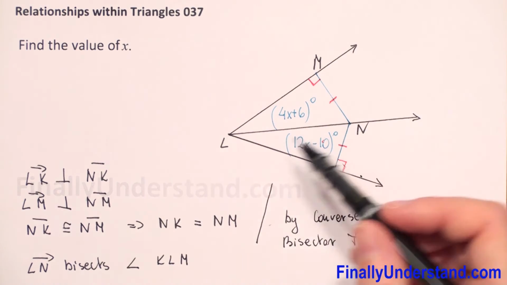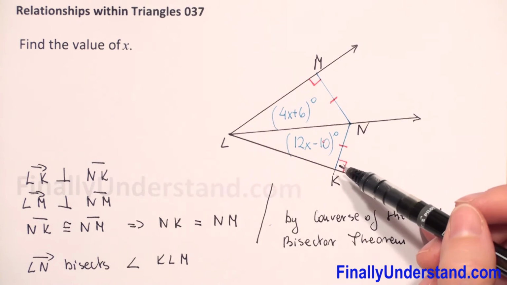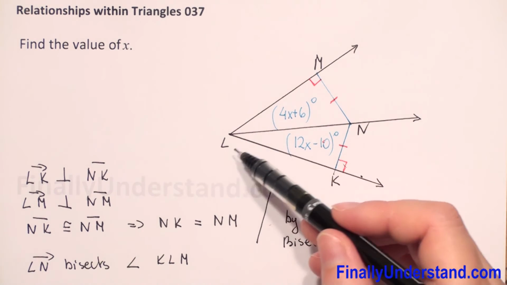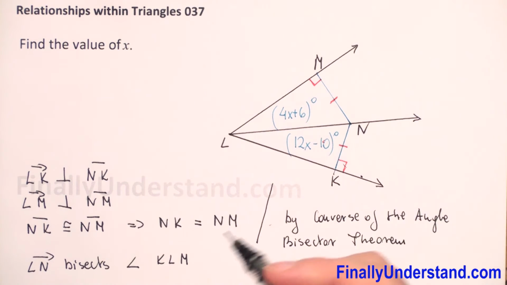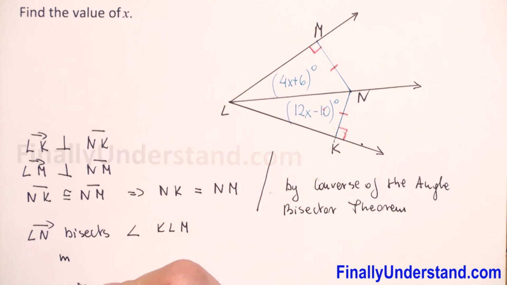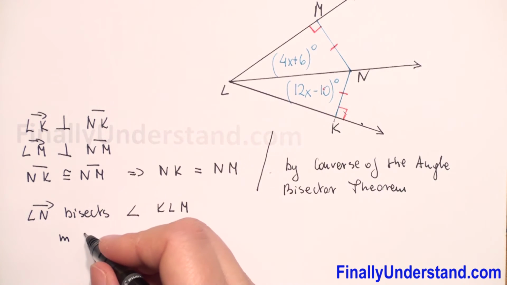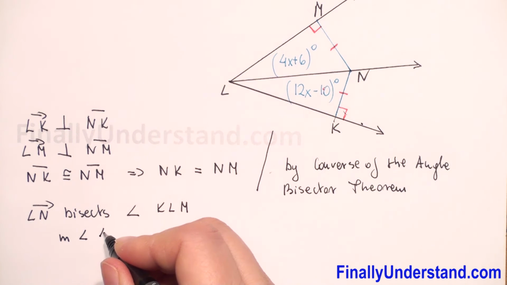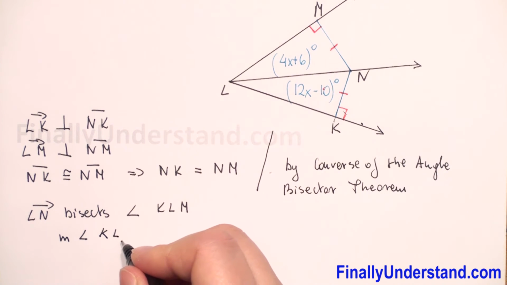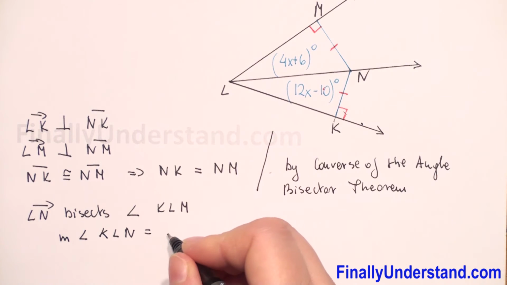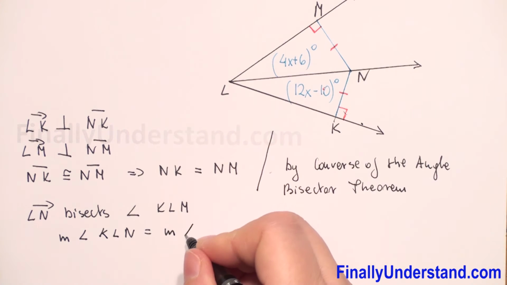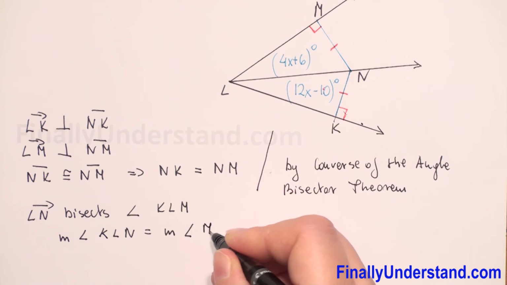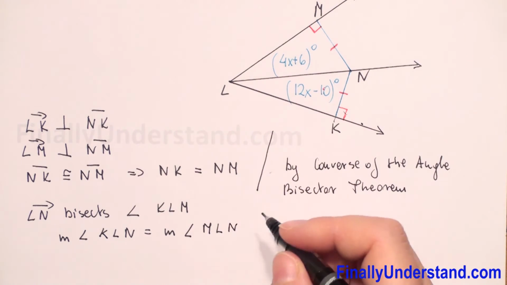So if LN bisects angle KLM, it means that the measure of angle KLN is equal to the measure of angle MLN.